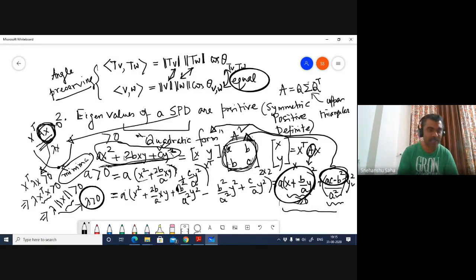Even though we are talking about singular value decomposition, I thought we should bring this up because the geometry is very interesting. So let's clear the canvas.